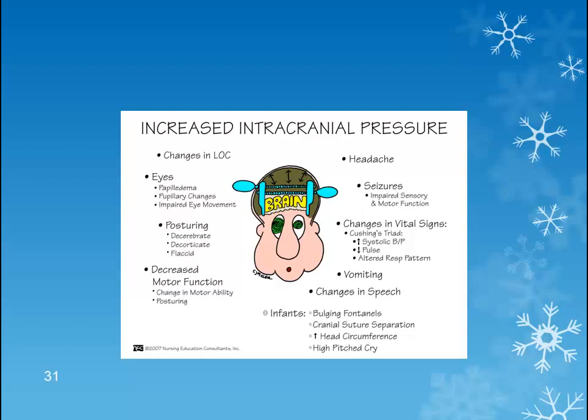Headache, seizures, impaired sensory and motor function, changes in vital signs, Cushing's triad: increased systolic blood pressure, decreased pulse, altered respiratory pattern, possible vomiting, changes in speech, such as slurred speech.